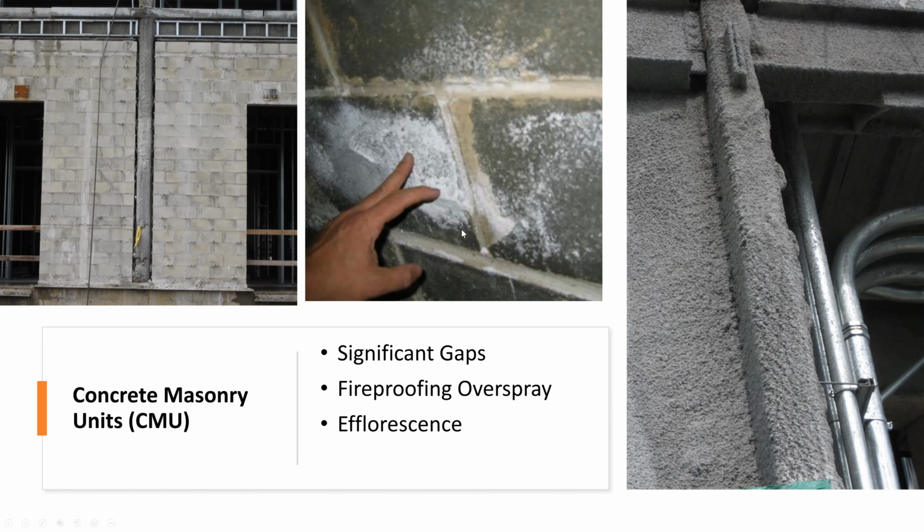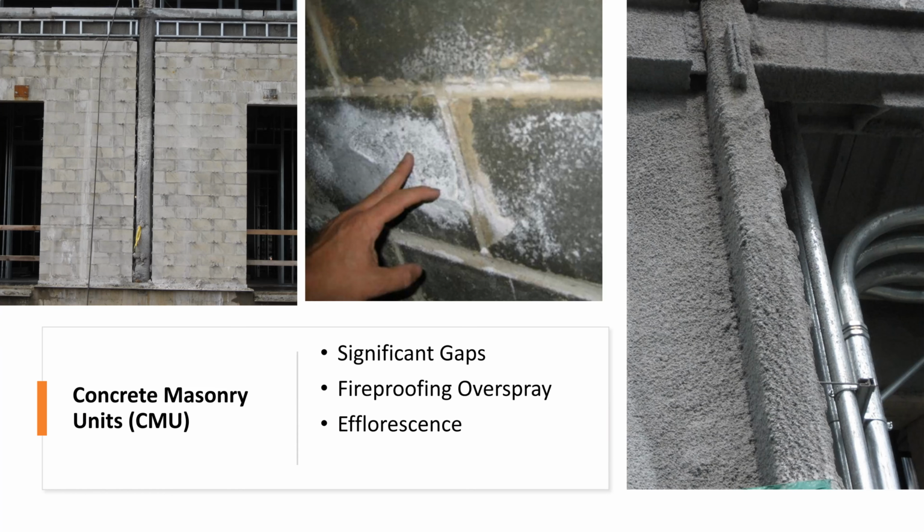So if we have concrete masonry units connecting to steel, or to a different substrate like light gauge metal framing, there are some limitations in regards to how those gaps are. Okay, so sometimes we have some tolerances we deal with.